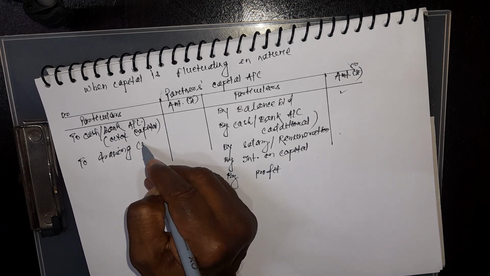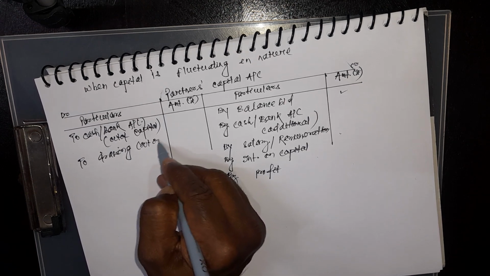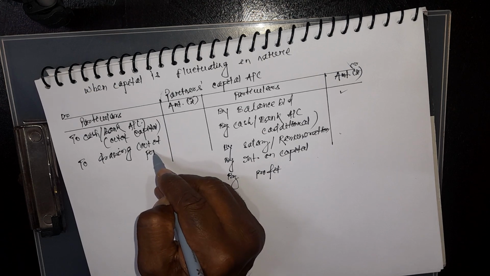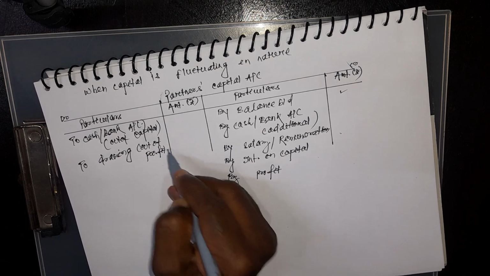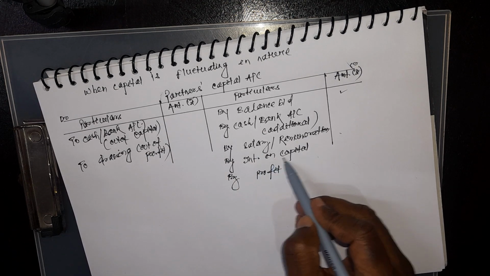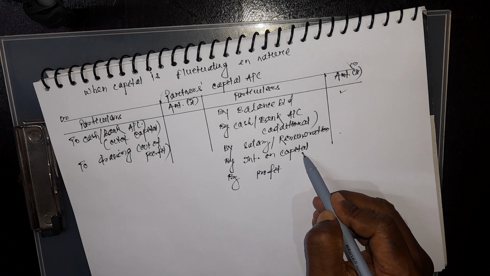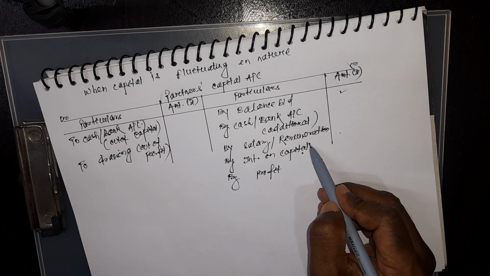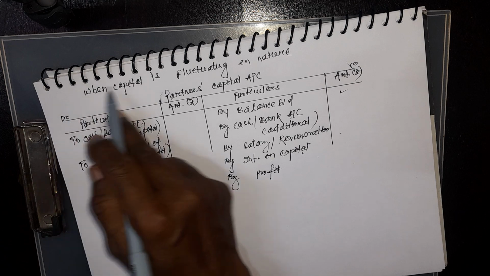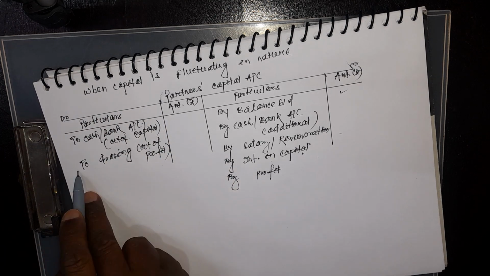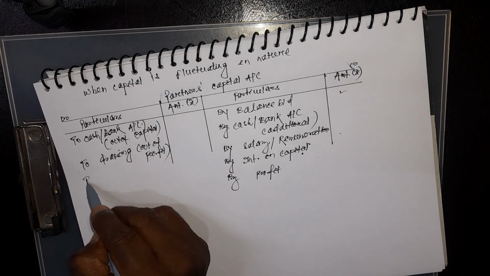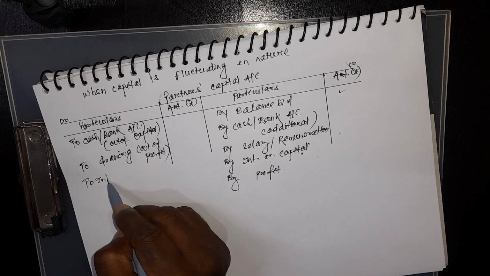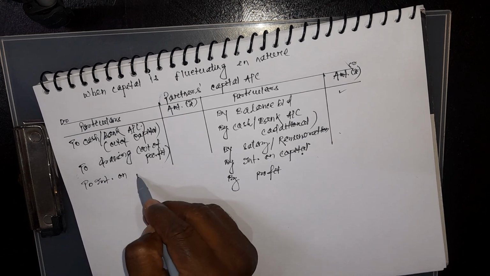Also, if a partner has withdrawn, interest on drawing is written here, to interest on drawing.